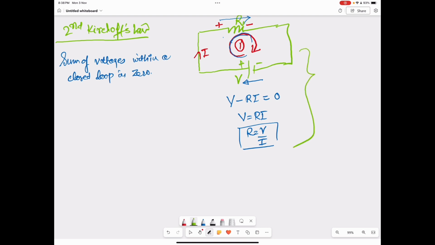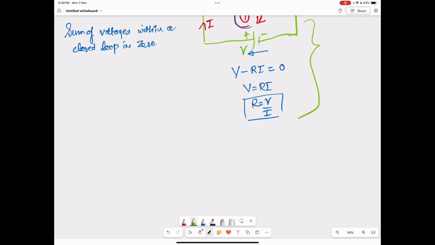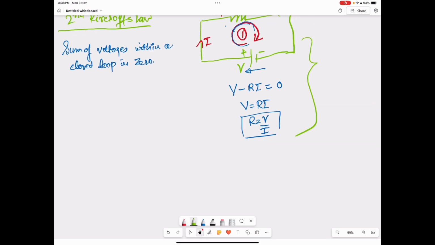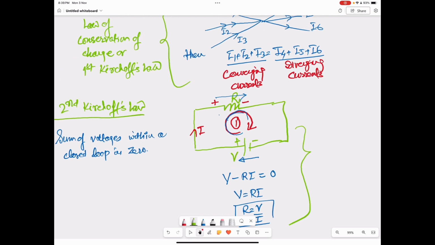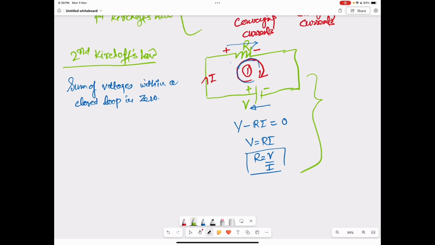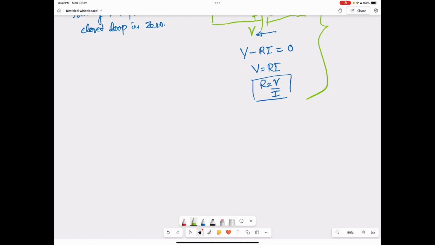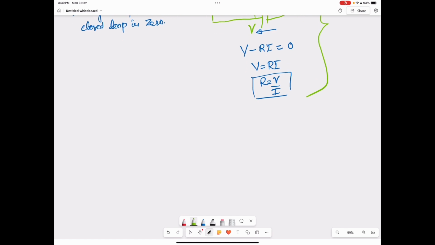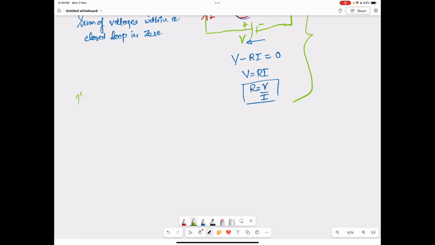But there will be very complicated circuits which are going to come when we solve the problems. So to understand this, I have taken very simple things which will help you to find out the equivalent resistance of the various combinations of circuits. So we'll take the first example.